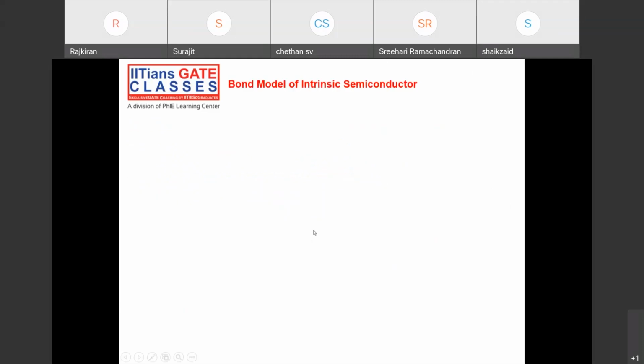Now, with this background, we'll start the bond model of an intrinsic semiconductor. We want to understand qualitatively what the electron and hole concentration in a semiconductor is. This model gives a qualitative understanding of why there are electrons and holes in a semiconductor.